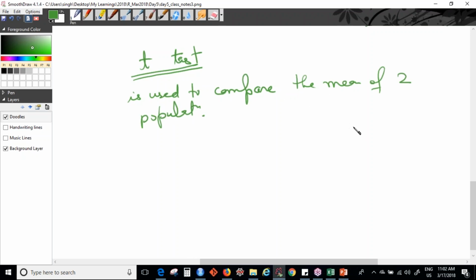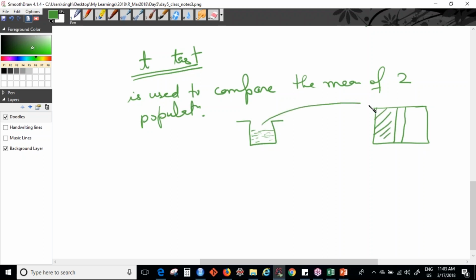So let's say you are a farmer and you want to test out a fertilizer. You want to test if this fertilizer works and if it increases your crop production. So what do you do?